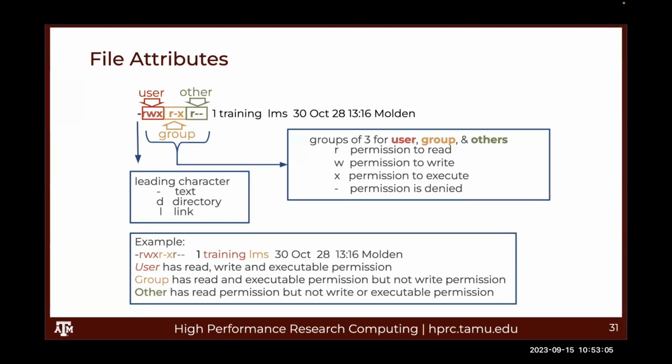Then you have three things: the read permissions, the write permissions, and the executable permissions. So here, the user has permission to do all three: can read, write, and execute, which makes sense. The group can just read and execute, and people outside of that group can only read the files. They can't do anything else with them.